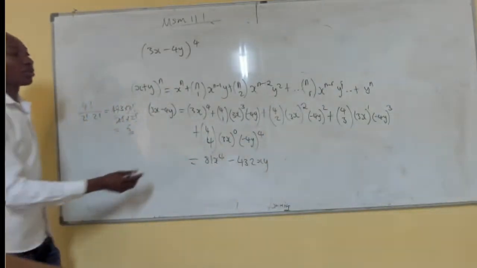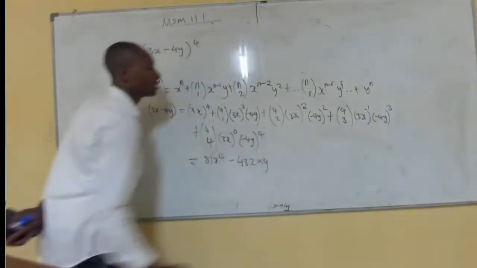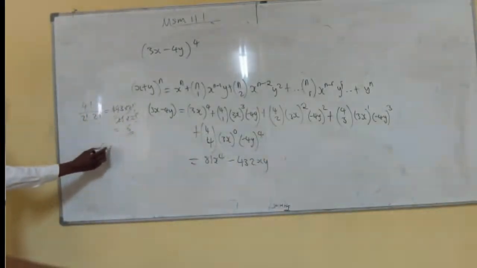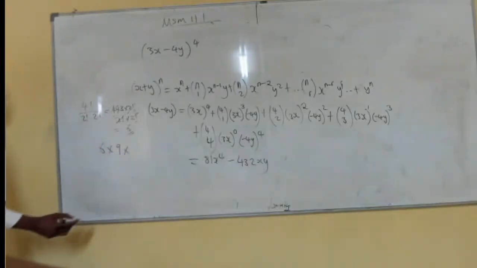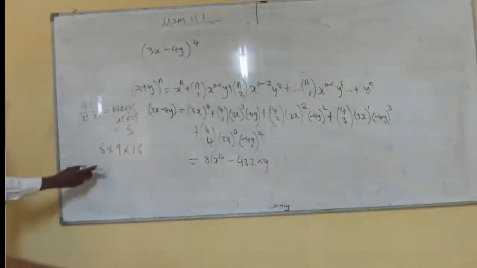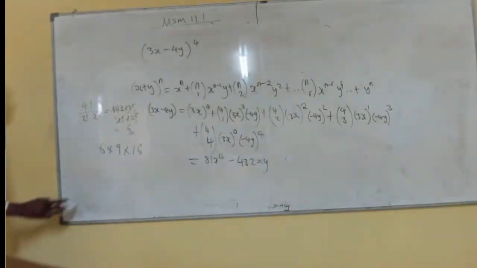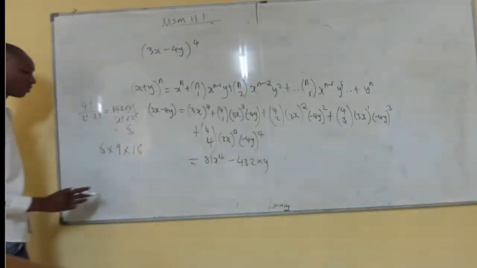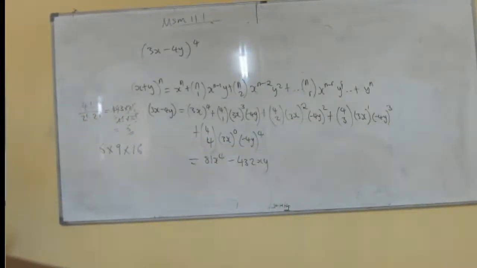So this is the same as saying 6 times 3 squared, which is 9, times negative 4 squared, which is positive 16. So 6 times 9 times 16. In this case, we can still do the multiplication of 6 times 9 times 16.